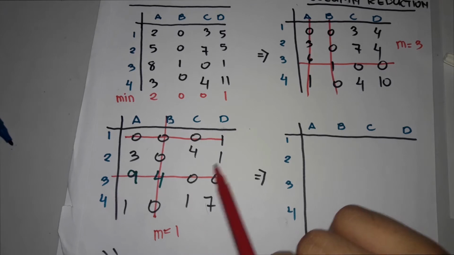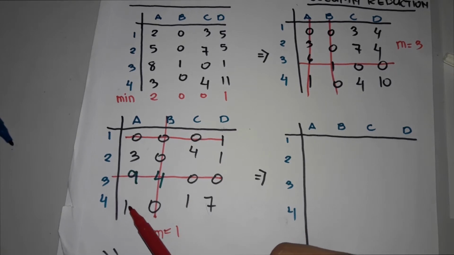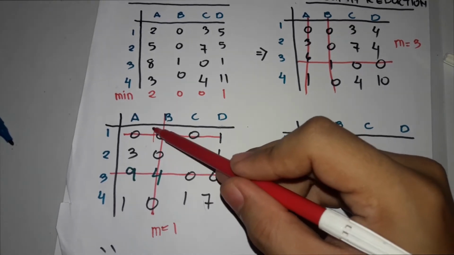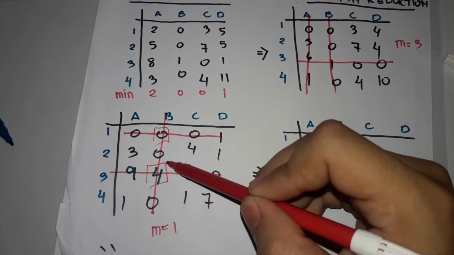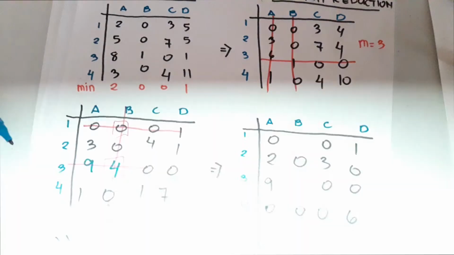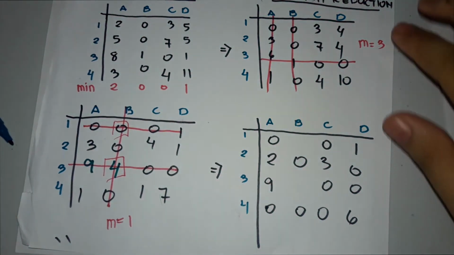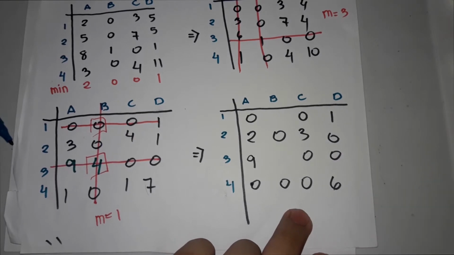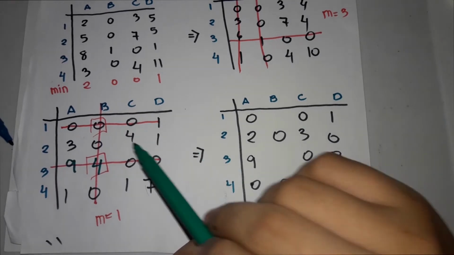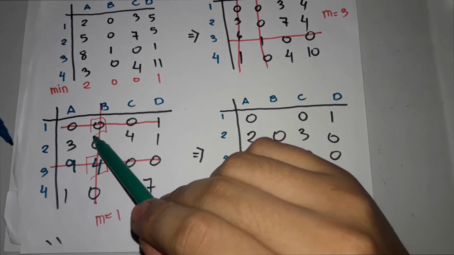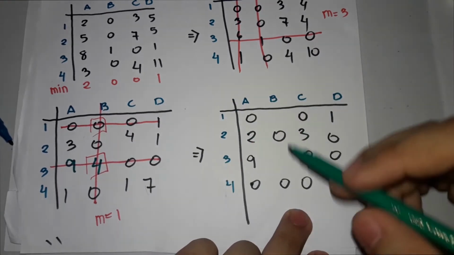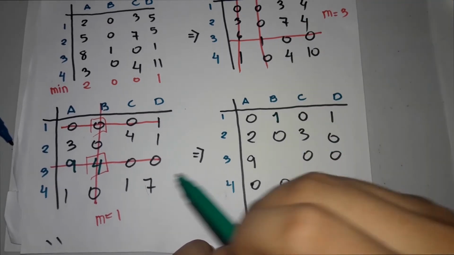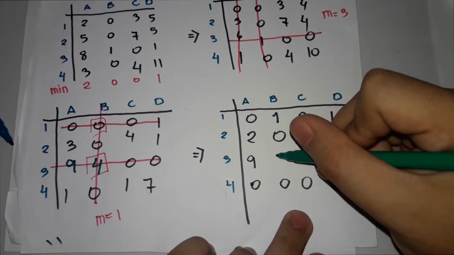Each of these uncovered numbers will then be deducted by 1, and for this intersection, it will be added with 1. So now we have these new values. Since this value is 0 and it is under an intersection, it will be added with 1, so this becomes 1, and this 4 now becomes 5.